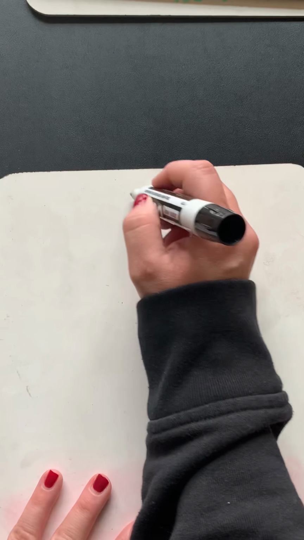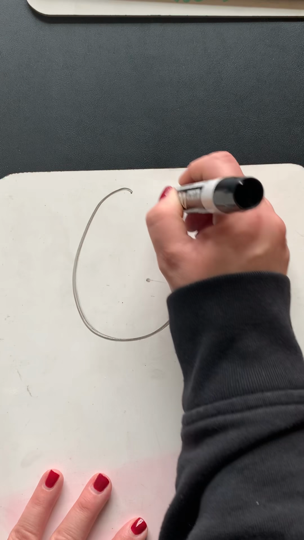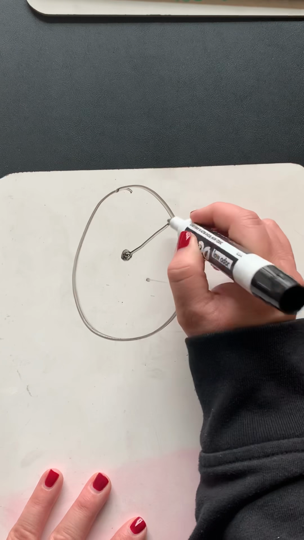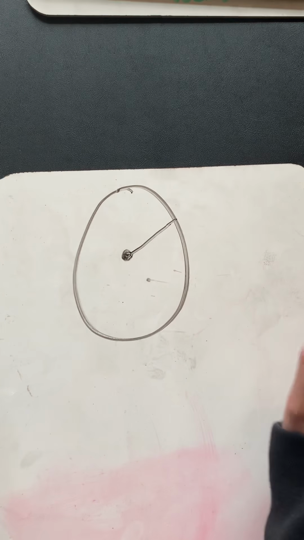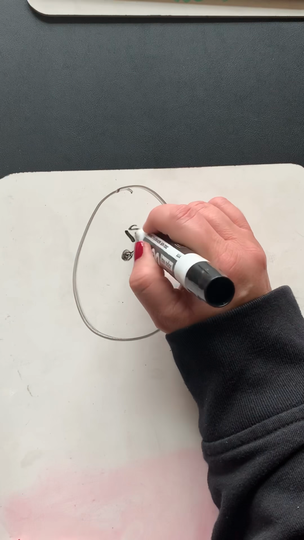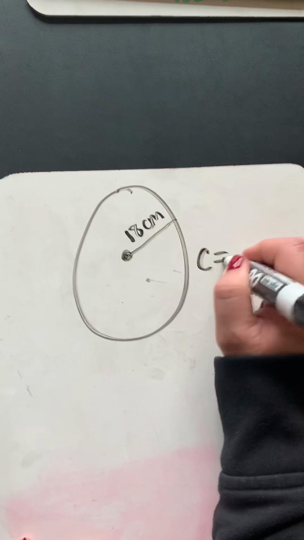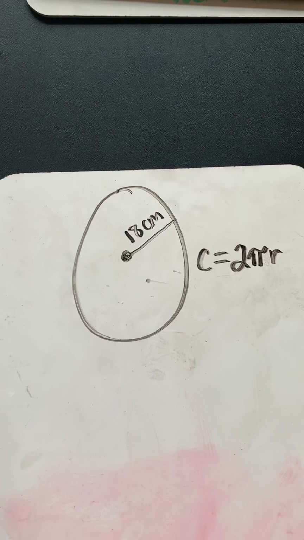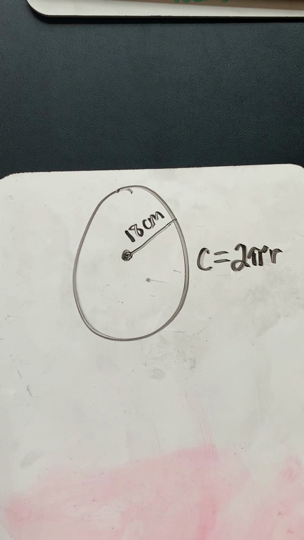And then finally, let's try one with a radius instead. And I'm going to say that my radius is 18 centimeters. So now we're going to use that other formula. Circumference equals 2 times pi times radius. Remember, I said radius is half the diameter.